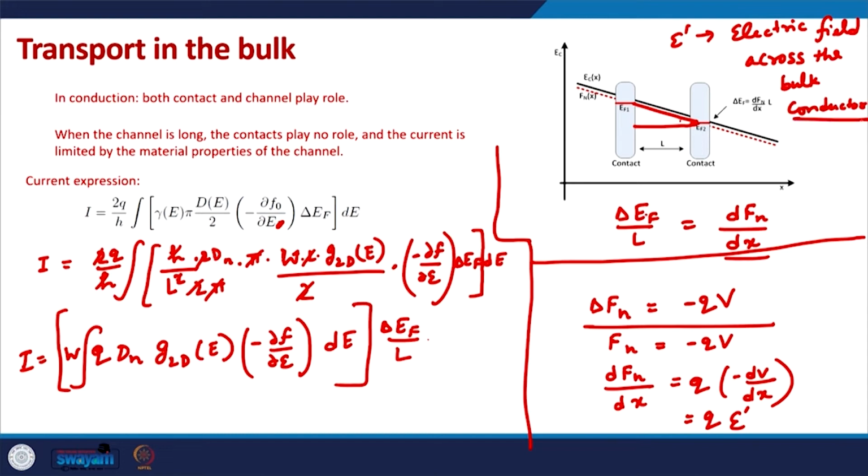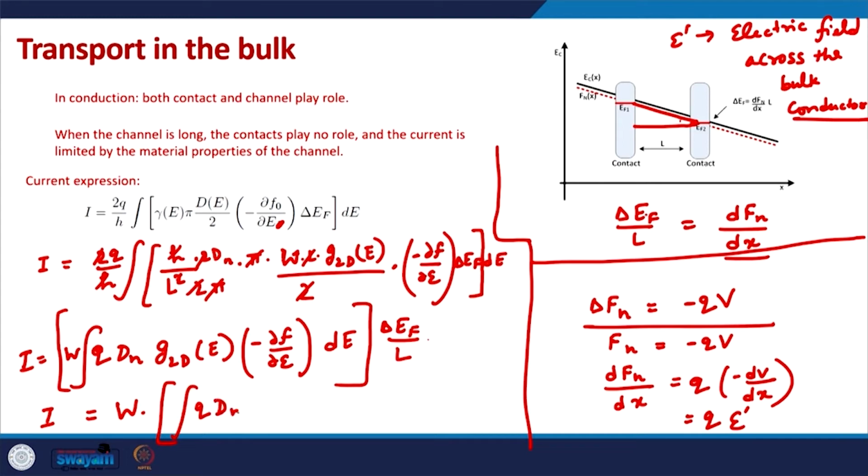Now putting everything in here, we can replace delta EF by L by dFn by dx. So I can be written as, and please remember, we are talking about a 2D channel. We are initially considering a 2D conductor.